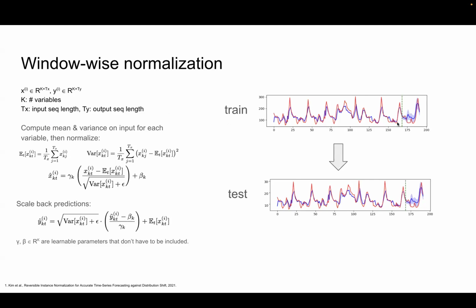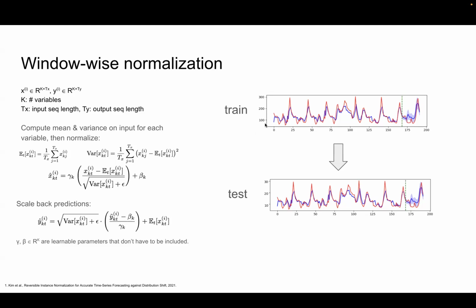So here's an example. Suppose during training, the target variable has values ranging from 100 to 300. But at test, maybe the same target variable has a range from 10 to 30.